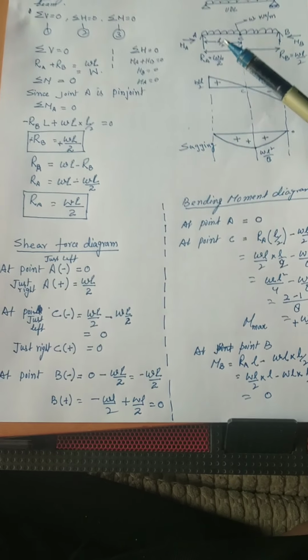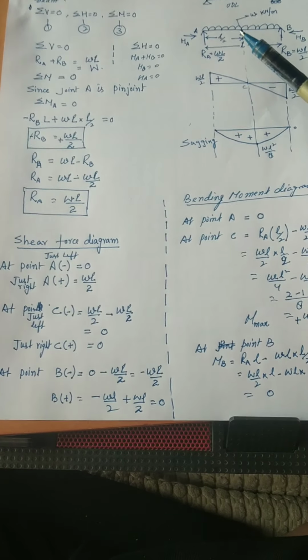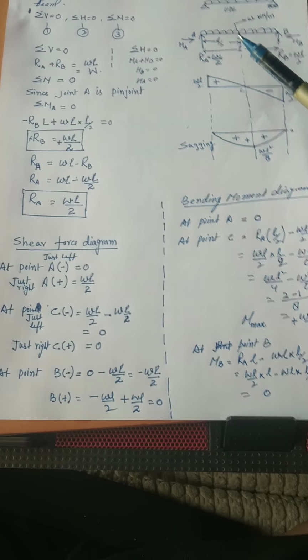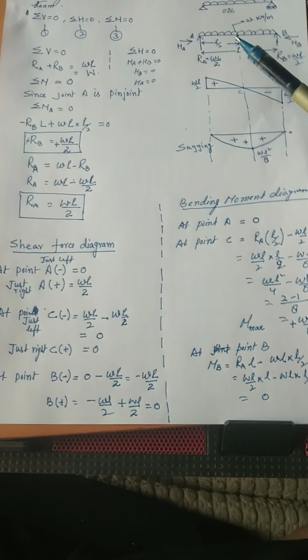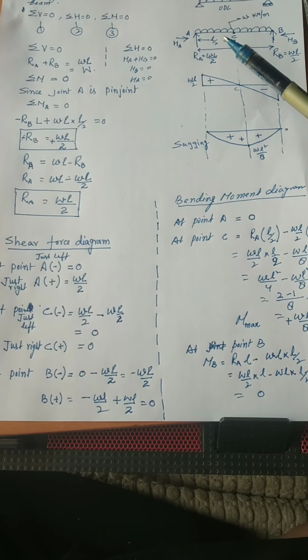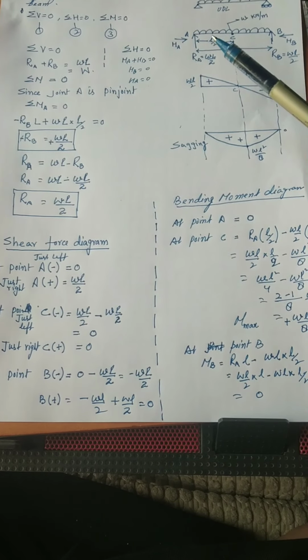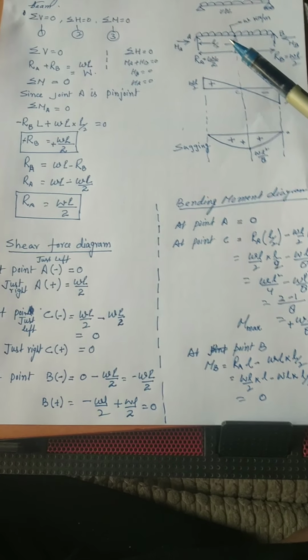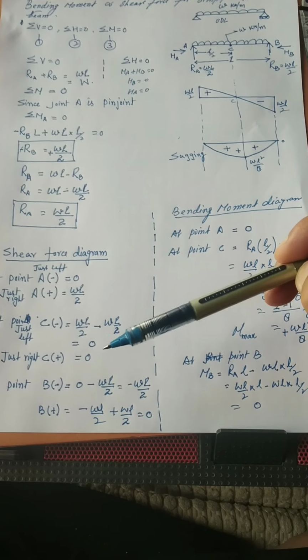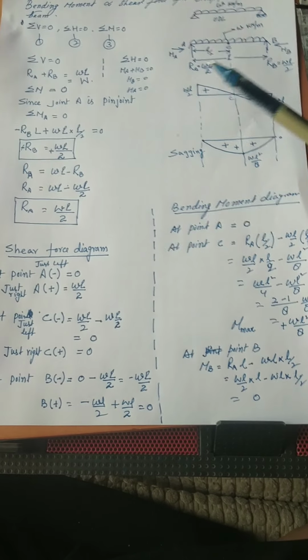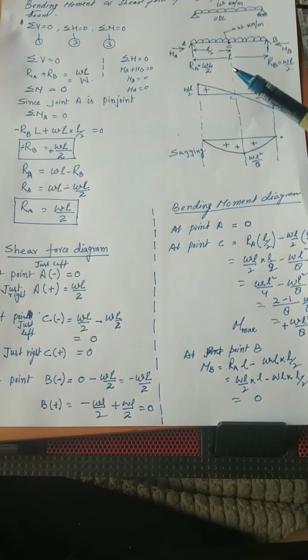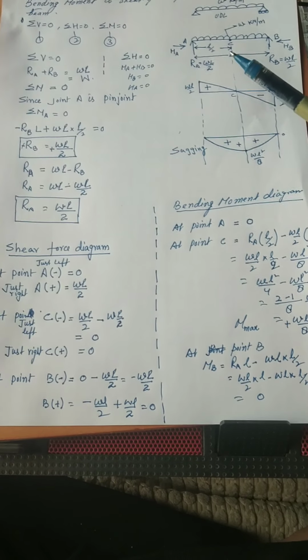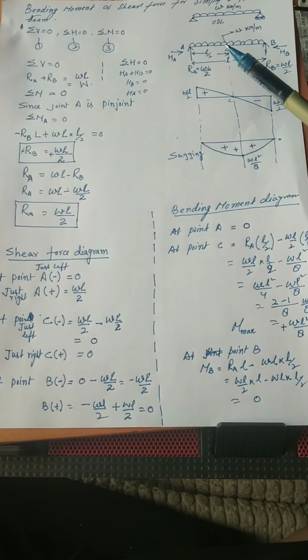So this is the unbalanced force which will be applied at the point C just left. So at the point C just left, I have two unbalanced forces, that is WL by 2 minus W over a distance of L by 2, and the value comes as 0. So at the point C, the shear force will be 0. This is the point which is called the point of zero shear force.